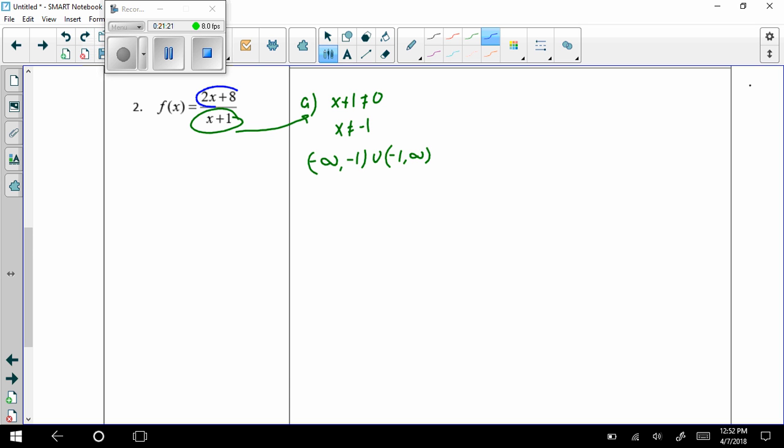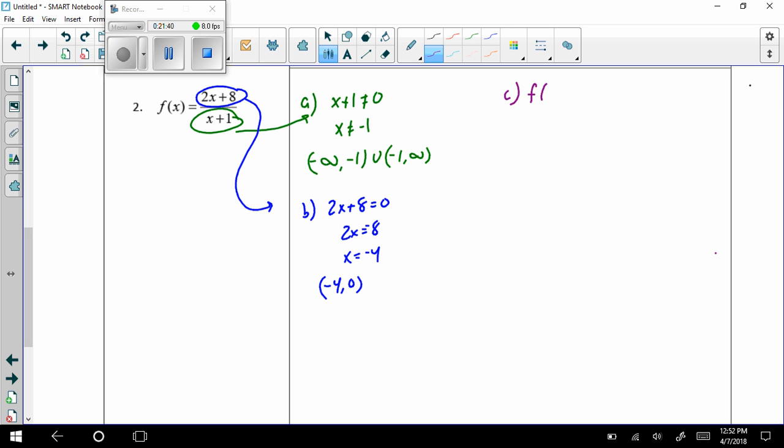Next, looking for x-intercepts. We set the top, the numerator, equal to 0. X equals negative 4. So our x-intercept is negative 4 comma 0. Y-intercept, plug 0 in for every x, so that becomes 2 times 0 plus 8, all over 0 plus 1, which is 8 over 1, which is 8. So my y-intercept is 0 comma 8.